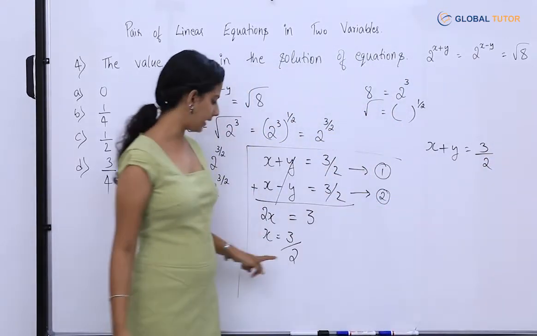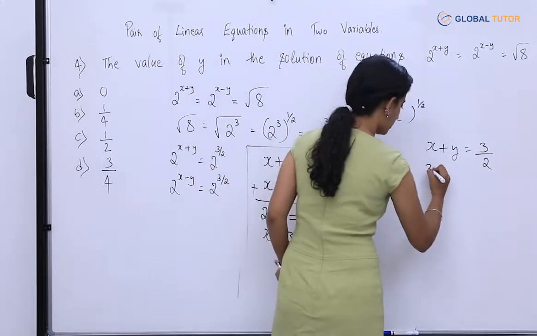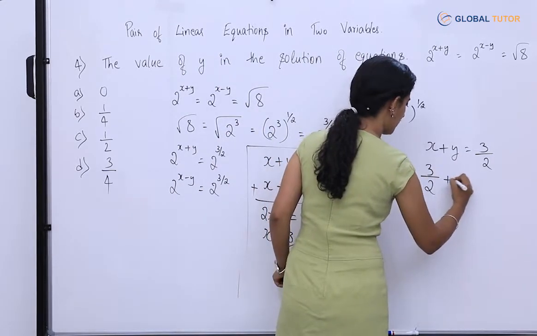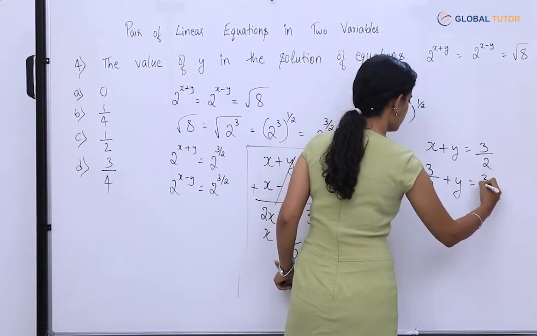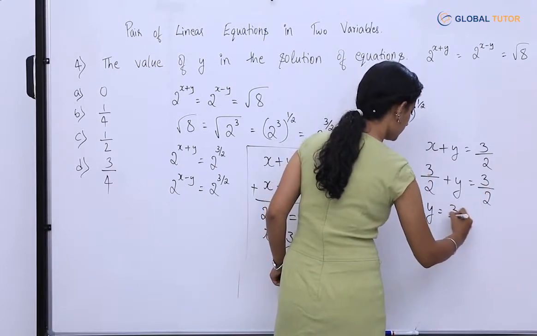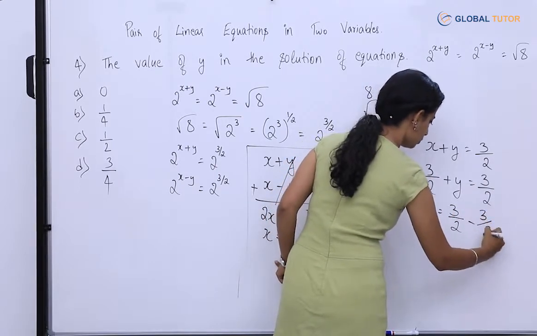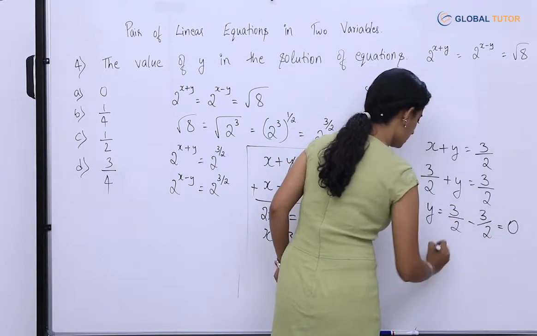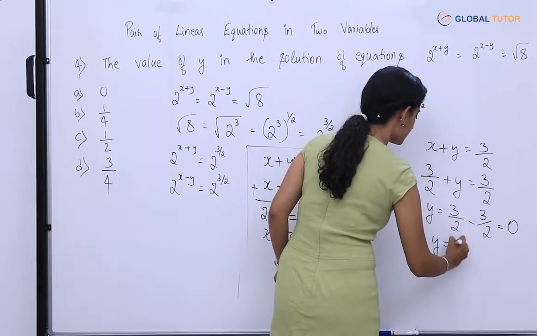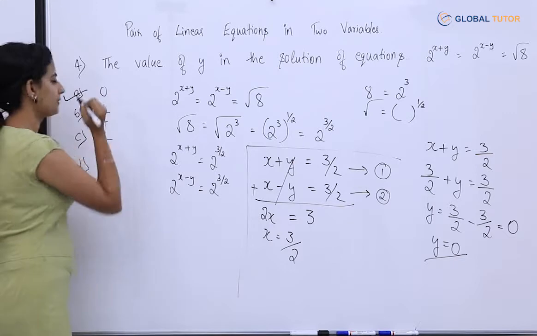Here in place of x, we can add this value 3 by 2. So 3 by 2 plus y is equal to 3 by 2. So y is equal to 3 by 2, this shifts that side, so minus 3 by 2, which is equal to 0. So the value of y is 0, which means option A.